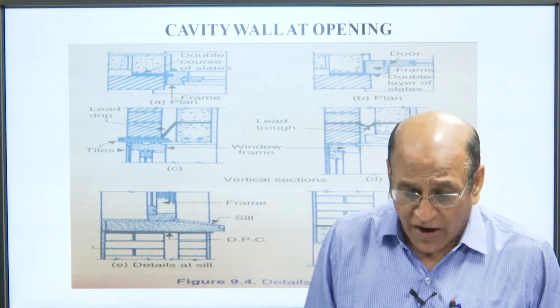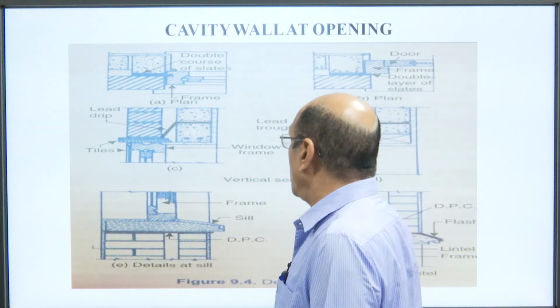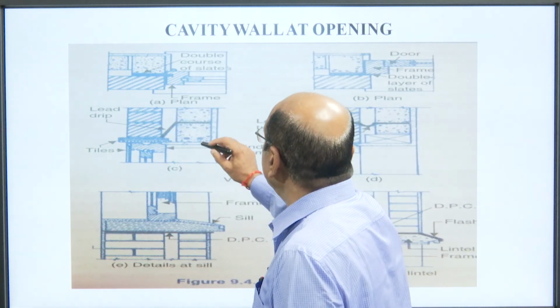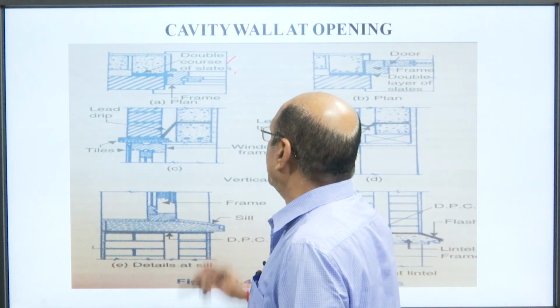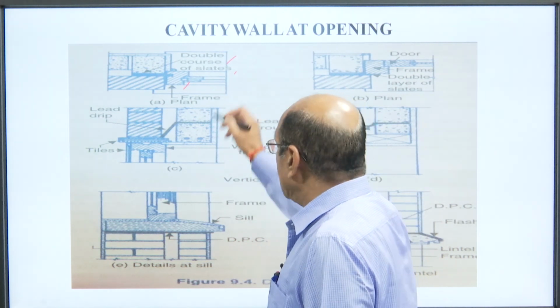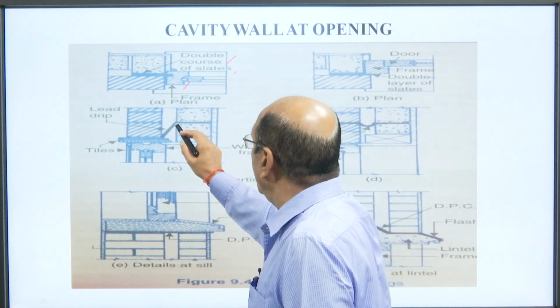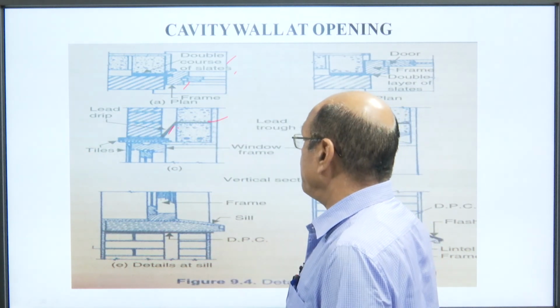The next is the cavity wall at the opening. We can see here this is the plan. This is the double course of tiles and this is the frame. This is the lead drop and this is the flexible type of DPC.